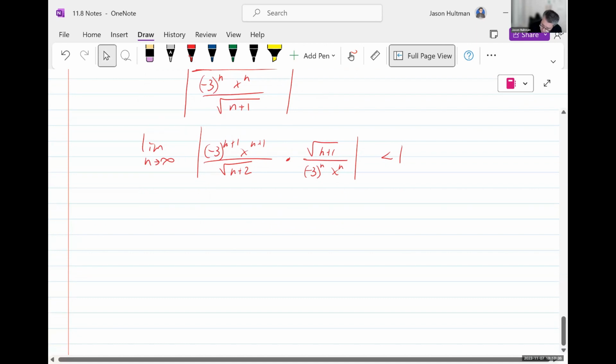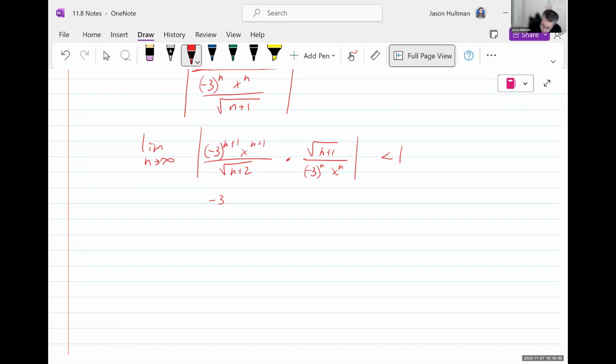So the negative 3's are going to cancel and just leave me with a negative 3 on top. The x's will cancel, leaving me with an x on top. That's gone and that's gone. And then I'm going to rewrite this as the square root of n plus 1 over n plus 2, is less than 1.